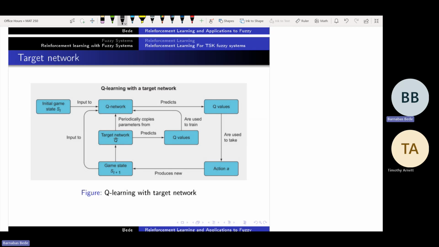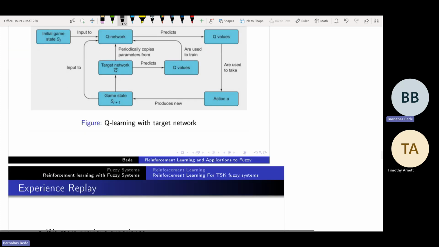That will generate the target network. Then the target network is used for calculating the predicted Q values, and you use it to train your network. And then periodically you update your parameters so that the target network will be updated with the current network after a certain number of steps.